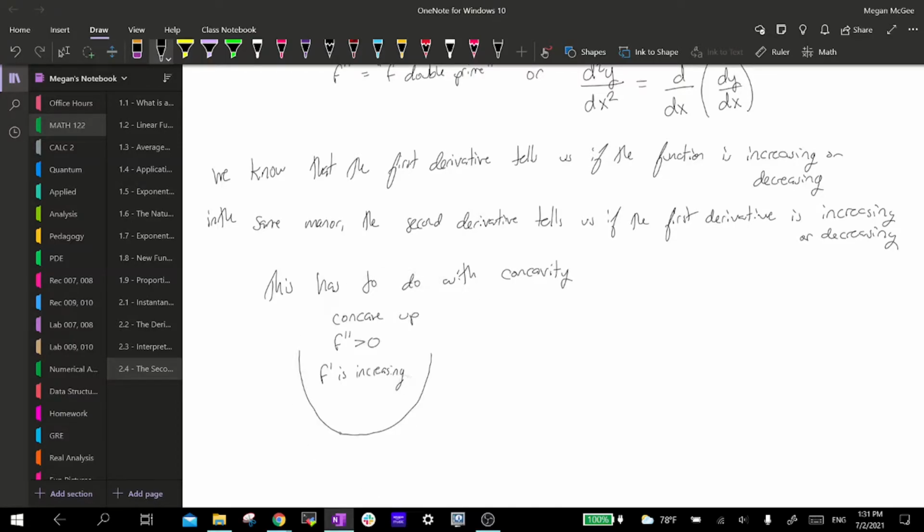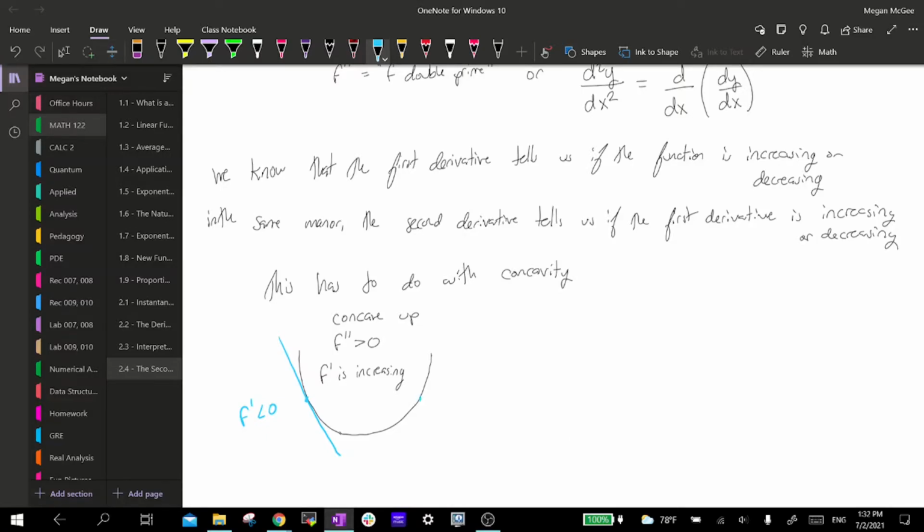Let's see why this makes sense. If we look at a point on this side over here, and we draw a tangent line like this, our function would be decreasing on this side, right? So that means our derivative must be negative, our first derivative.